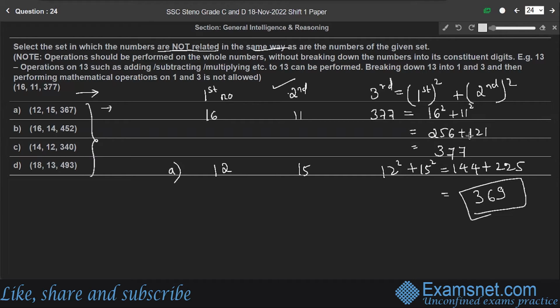According to the option, the third number is 367, which is not equal to 369. Therefore, option A doesn't follow the logic of the given set. If you want, you can verify the remaining options; those 3 options follow the logic of the given set, in which the third number is equal to the sum of the squares of the first 2 numbers. Hence, option A is the odd one.